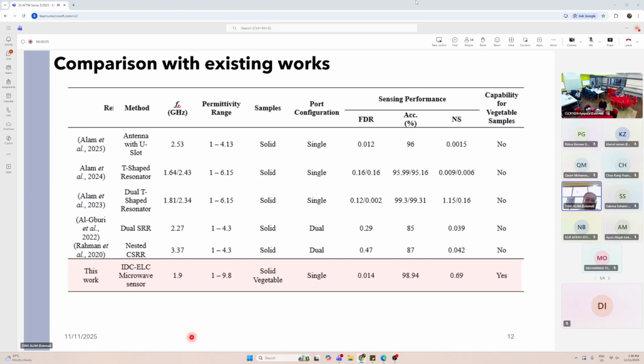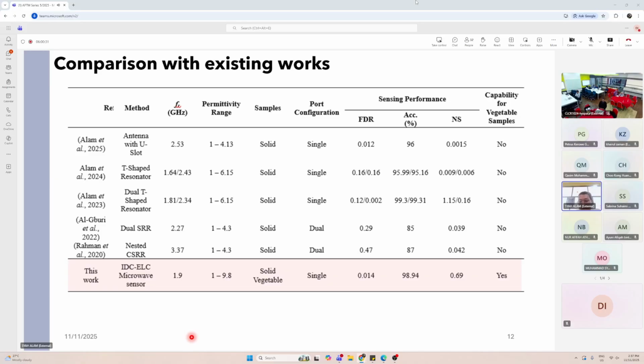Okay. And we also compare our research with the existing work. Based on this table, we can see that the main contribution of our research is, first, we propose a single port configuration as a microsensor and combine IDC with an ELC microsensor with a highly concentrated electric field. We also propose the sensor to detect permittivity of solid and vegetable materials with high performance.